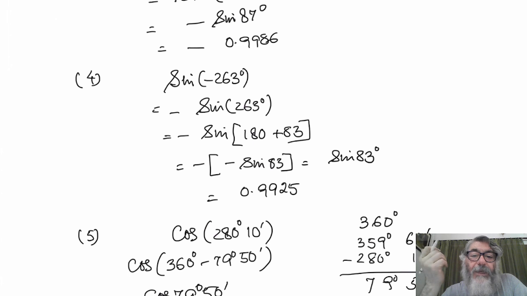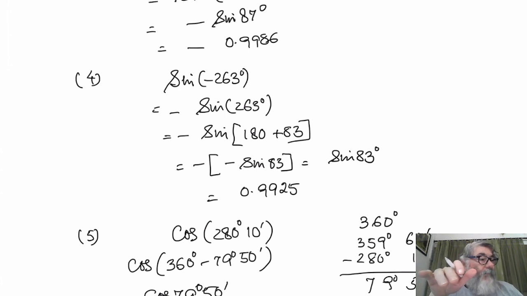That means whatever transformation is taking place along the x-axis, there is no change. Sine remains sine, cos remains cos, tan remains tan.